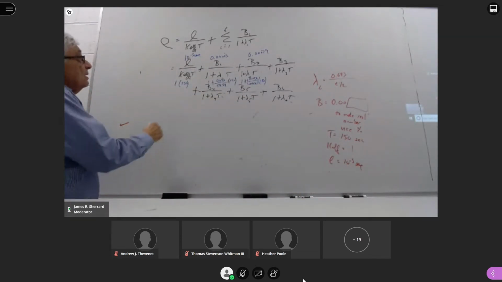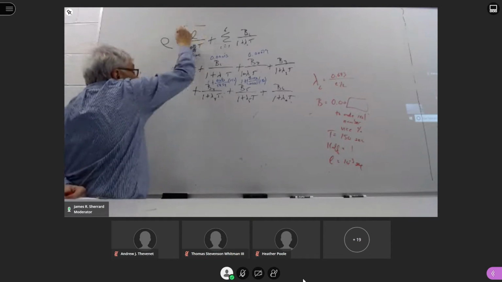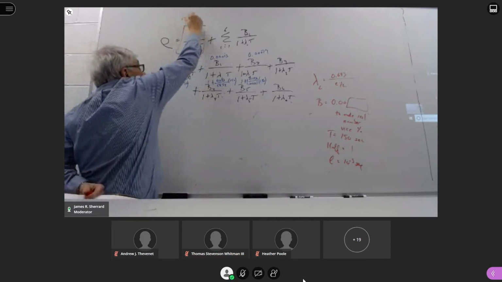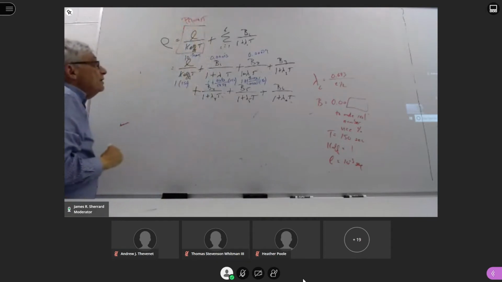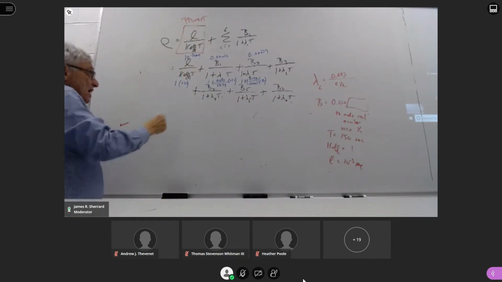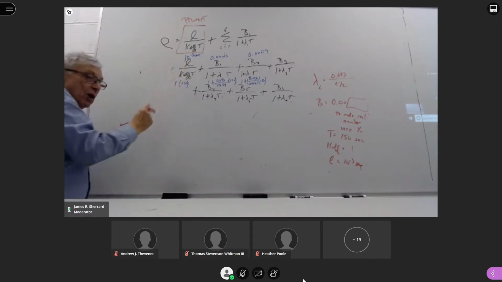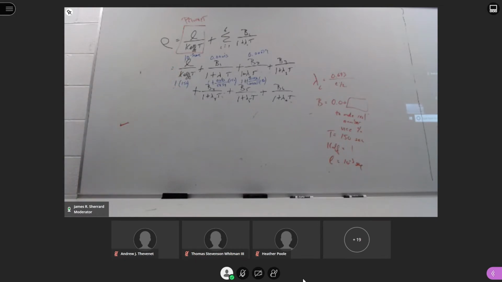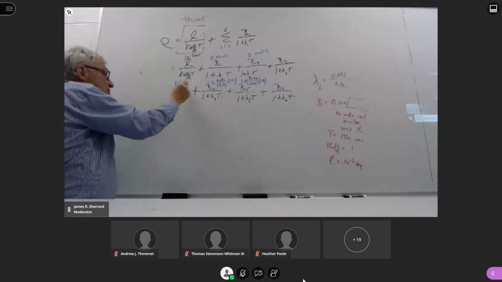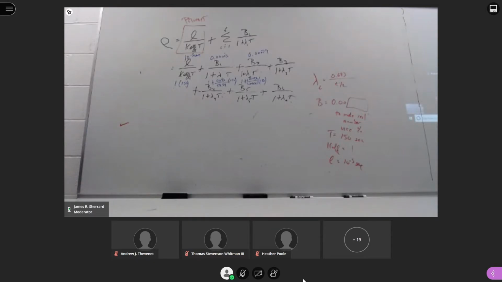for the first couple. So when you do this, this is always a prompt group. And because of that, this L value is always going to be 10 to the minus 3. And if you want to think of it, that's the lifetime of the neutron as it's slowing down. K effective is 1 because we always want to operate at or around 1. Then in this particular case, my T value is 150 seconds.